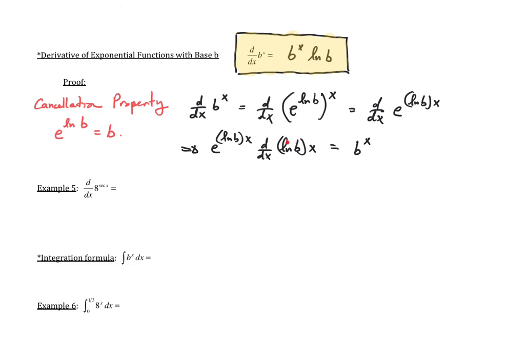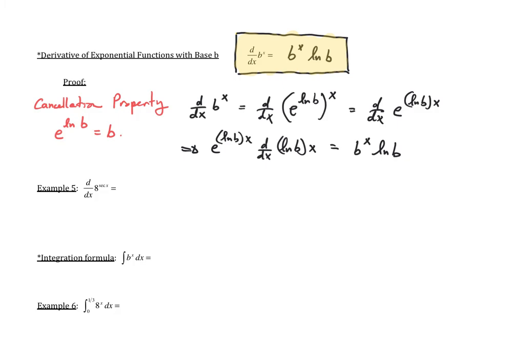So the derivative of any constant times x is just a constant, and that constant is natural log of b. So we write natural log of b here. Okay. So this basically gives us the formula that we're looking for. We can see that the derivative of b to the x is just b to the x times natural log of b.